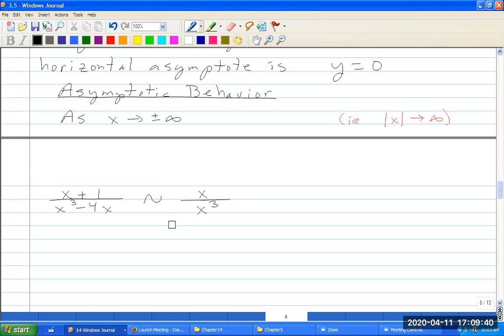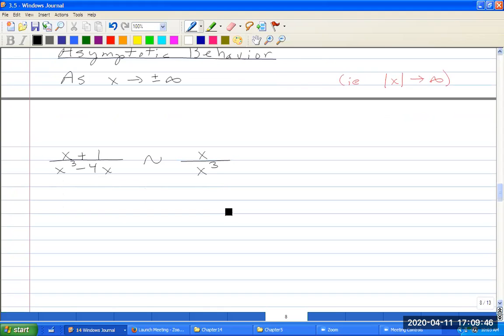And so we have that x plus 1 is asymptotic to x over x cubed. So f of x is asymptotic to 1 over x squared. I can cancel out x in the numerator and denominator to get 1 over x squared, as x gets very large.